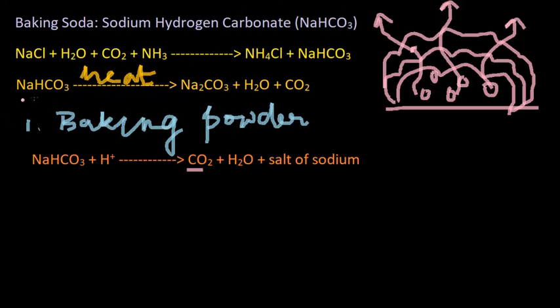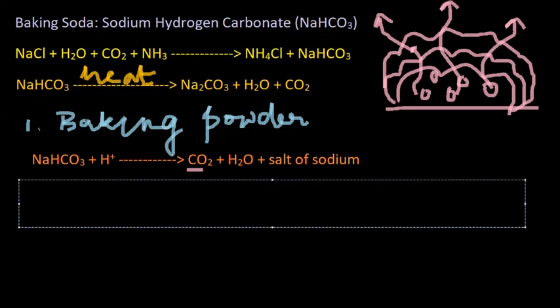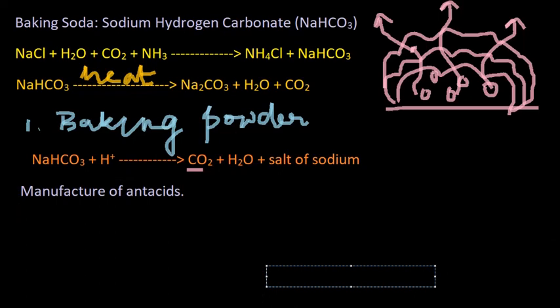Another use of baking soda is for the manufacture of antacids. Why? Because the pH value of baking soda is greater than 7.